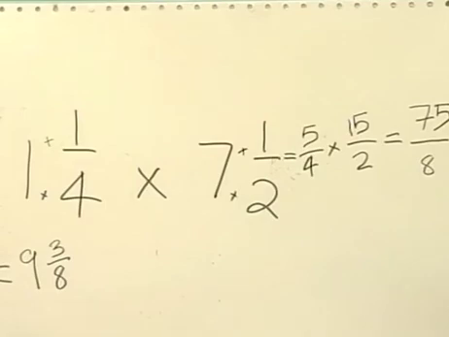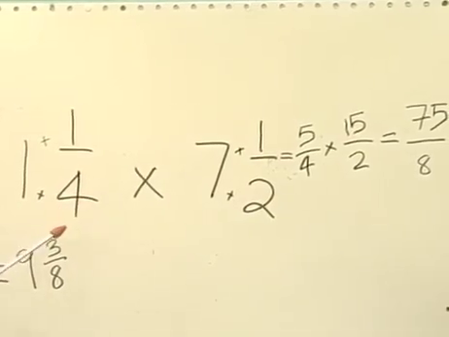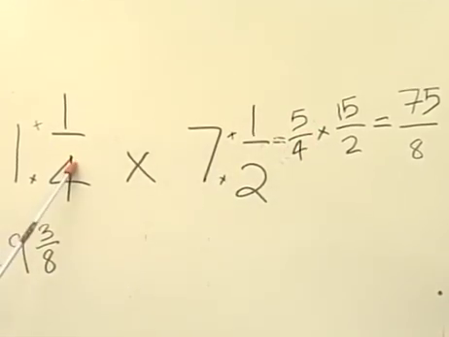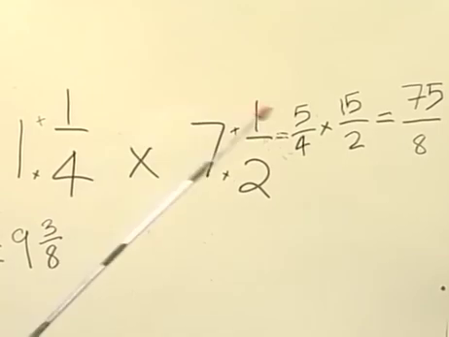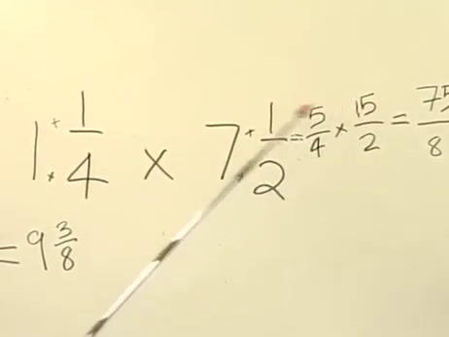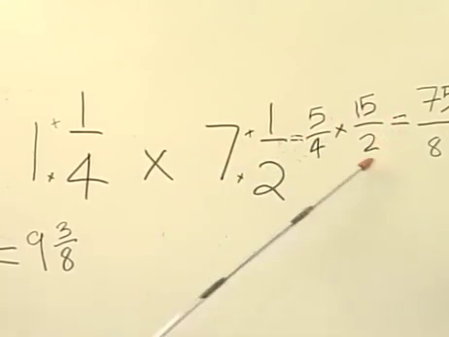Hands down. So what Abby explained: you're multiplying two mixed numbers, so what do you change them into? You change them into improper fractions. So she changed 1 whole and 1/4 into 5 over 4, and 7.5 into 15 over 2.